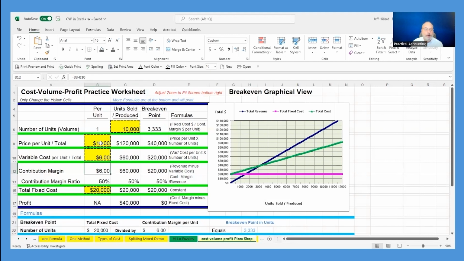We're making an extra $2 per pizza. Our break-even point's down. We only need to sell 3,333 pizzas to break even. Our profitability has improved from 20,000 to 40,000, which is an extra $2 per pizza times 10,000 pizzas.